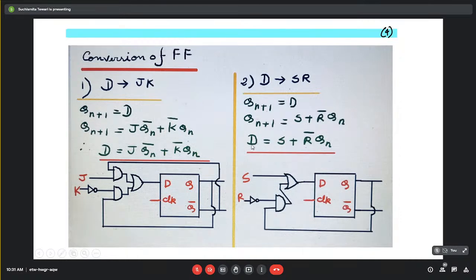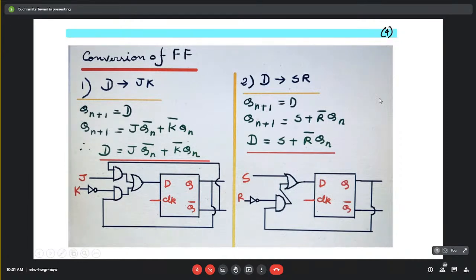So by solving that, I get this particular equation, D as a function of S and R. Accordingly, we have made the connections and this entire block, with clock obviously as an input, we have successfully converted this D flip-flop into an SR flip-flop. So now with this set of inputs, it will behave as an SR flip-flop.